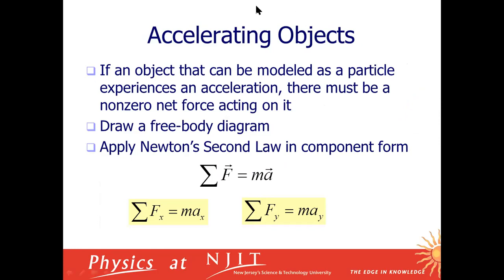Repeat: for accelerating objects, you're going to consider Newton's second law of motion. Hence, the summation of force is equal to mass times acceleration. The summation of forces at the x component would be equal to mass times the acceleration at the x component, and the summation of forces at the y component would be equal to the mass times acceleration at the y component.